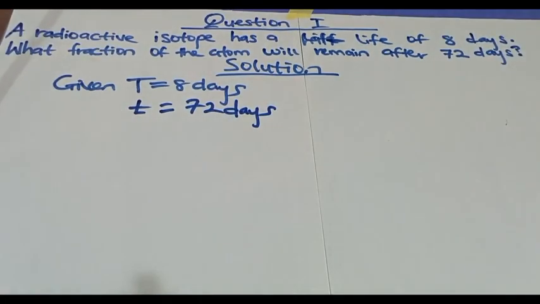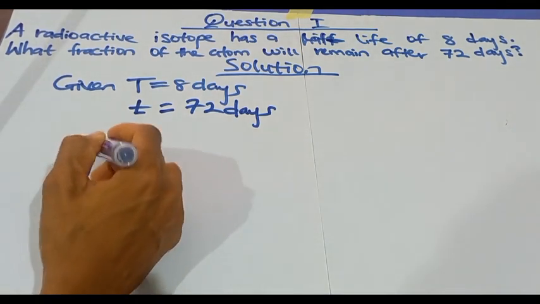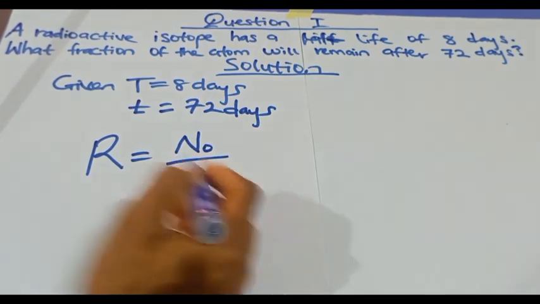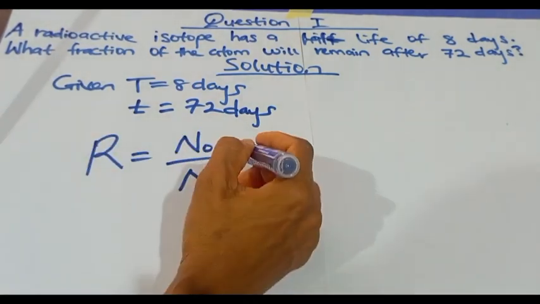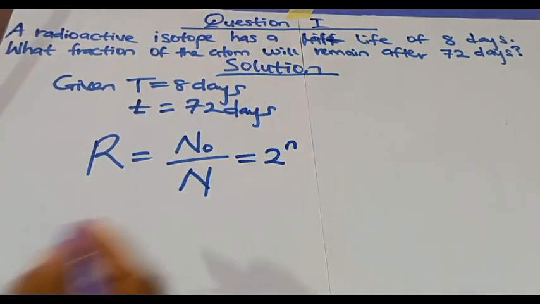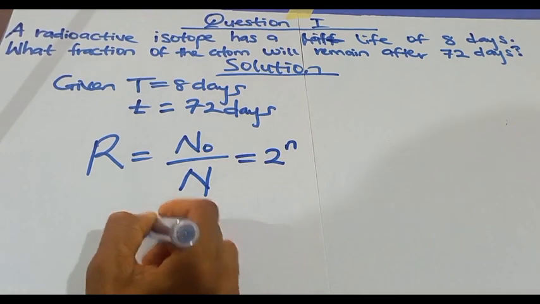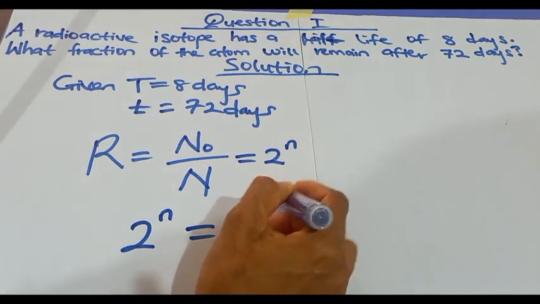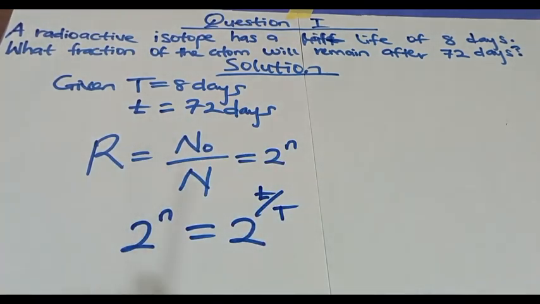So which formula are we going to apply? Remember that R is equal to initial mass over final mass, and is also equal to 2 raised to power n. And remember that 2 raised to power n is equal to 2 raised to power t over the half-life.